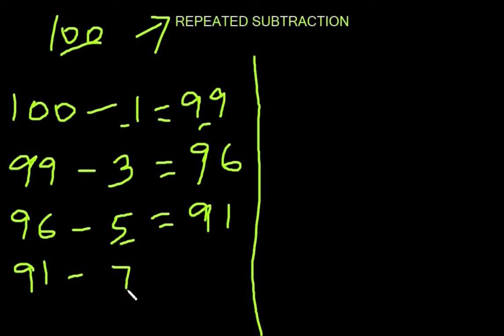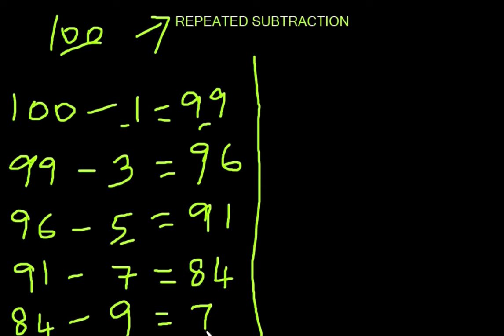What is 91 minus 7? 84. 84 minus the next odd number after 7, which is 9. What is 84 minus 9? 75. Now, 75 minus the next odd number after 9, which is 11. What is 75 minus 11? 64.